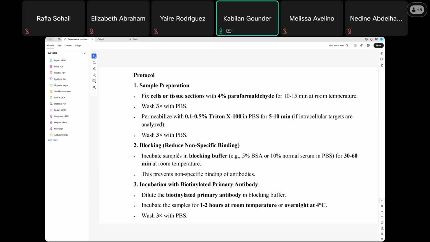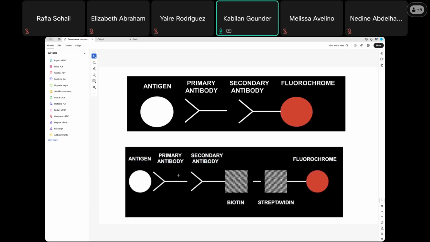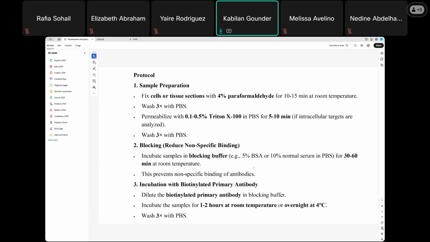You do not need secondary antibodies. But here, we did not conjugate the primary antibody directly with biotin or streptavidin. Instead, we use the secondary antibody. Another approach is that you can make the primary antibody biotin-related directly.